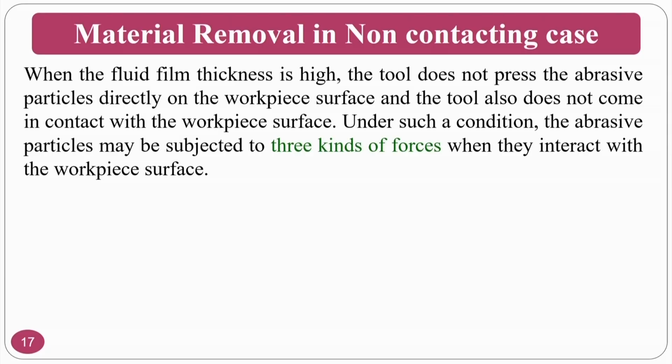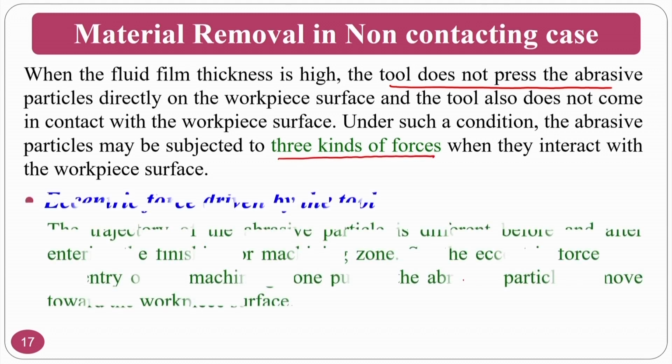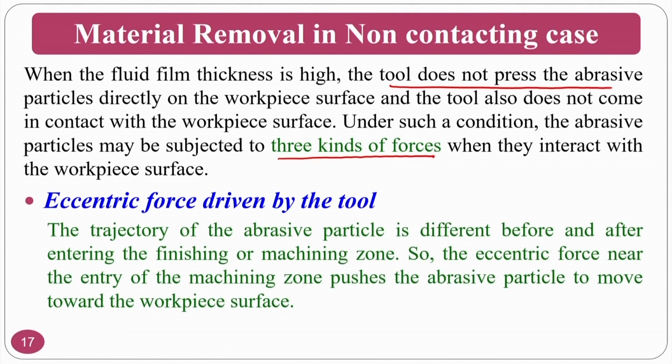So how does the material removal take place in the hydrodynamic lubrication region, or the non-contact region? When the fluid film thickness is high, the tool does not press the abrasive particles directly on the workpiece surface, and the tool also does not come in contact with the workpiece surface. Under such conditions, the abrasive particles may be subjected to three kinds of forces. Okay. What are the forces? As I said in the previous slide, you have a gap, a micron gap, between your tool and your workpiece.